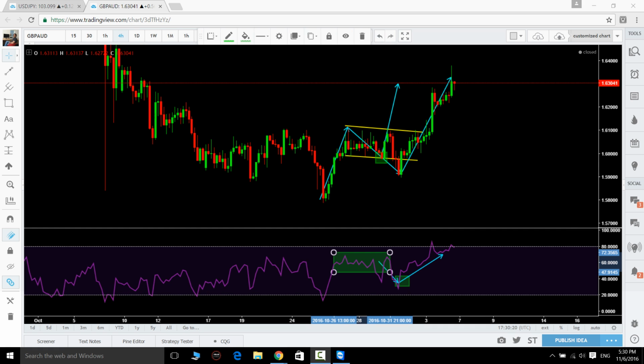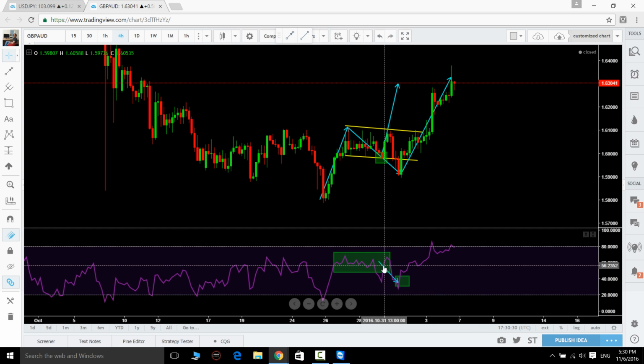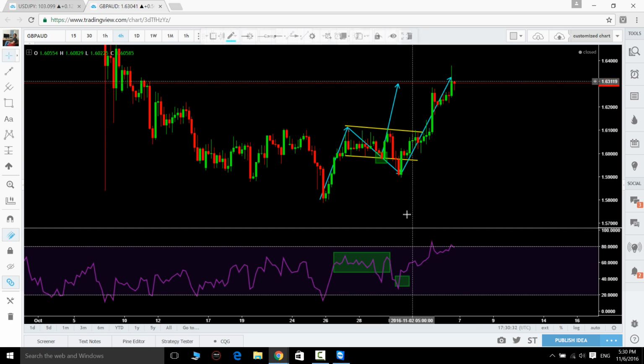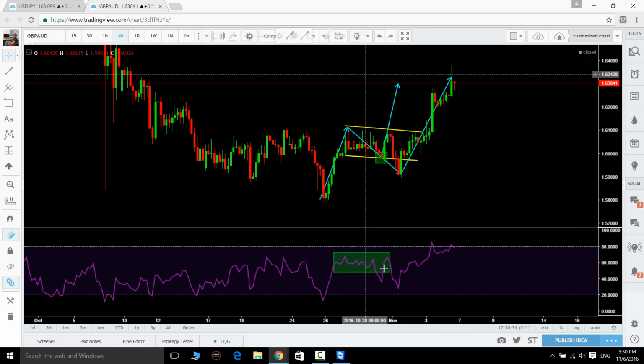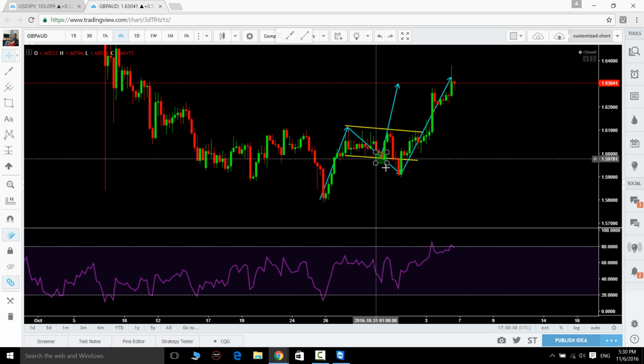When the trend continuation pattern was forming, our indicator wasn't showing any favorable position for price to break to the upside from this point.